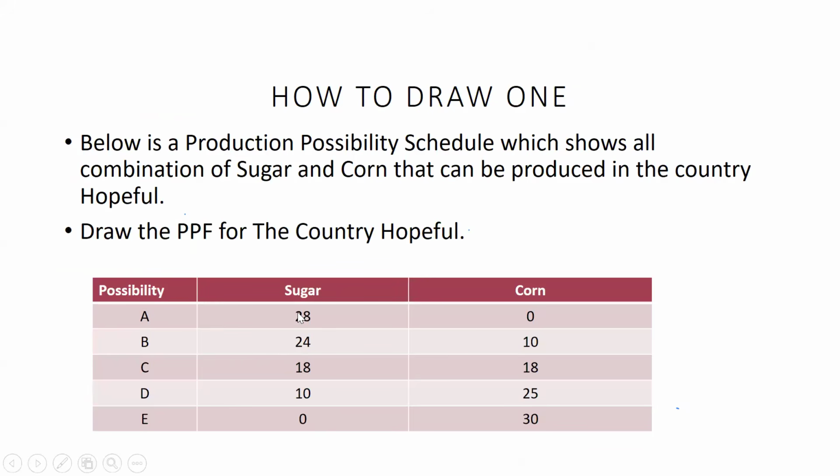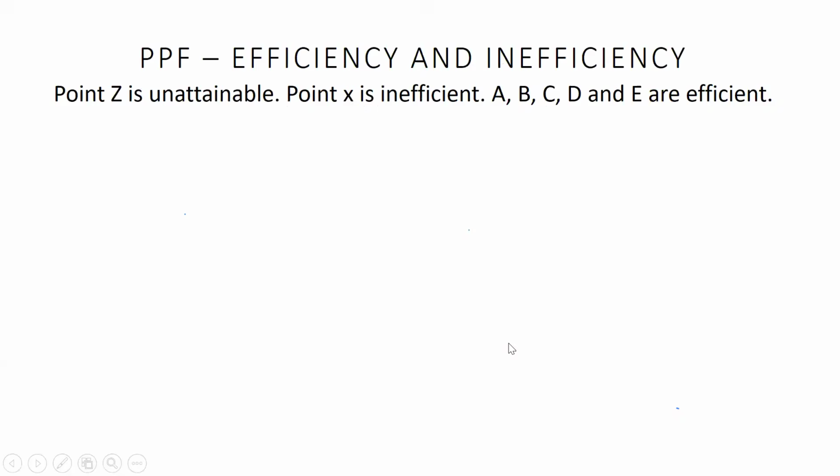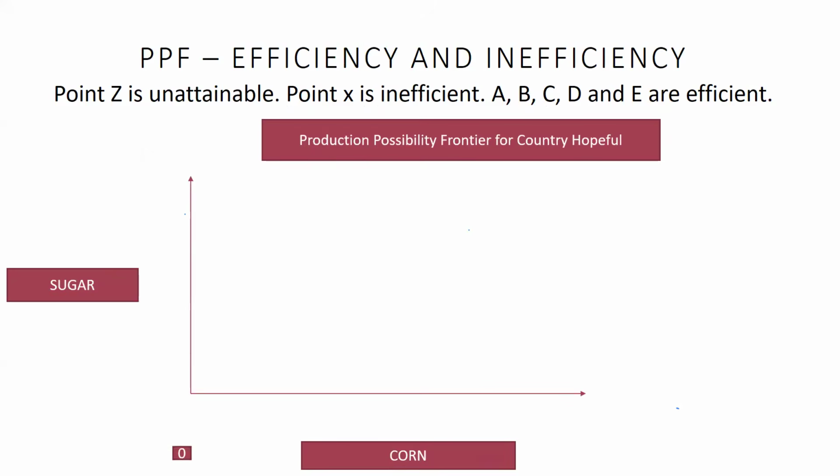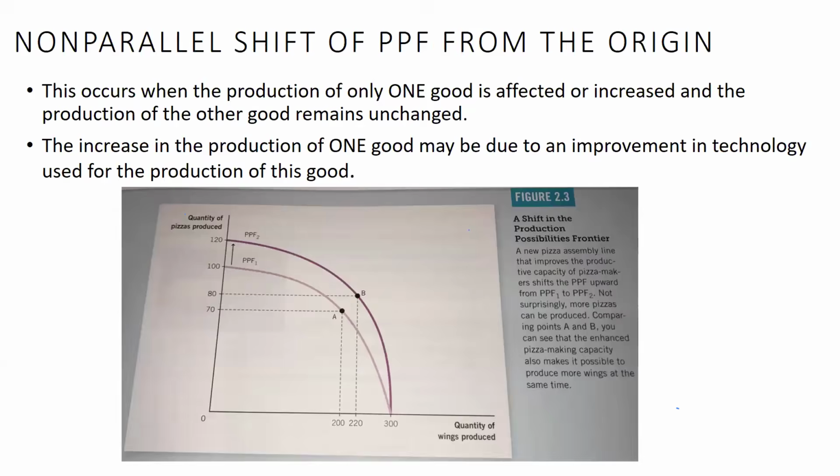We went from 28 to 24. The change there would be 4. And then the corn would have been going from 0 to 10. The change there would be 10. So it will be 4 divided by 10. Well, negative 4, because they lose 4, divided by positive 10. Also, don't see that coming for CSEC much, but it's good to know, right?